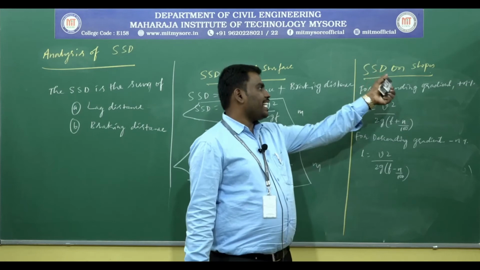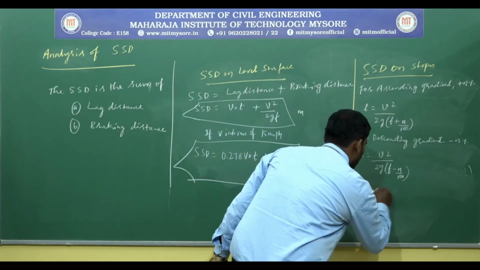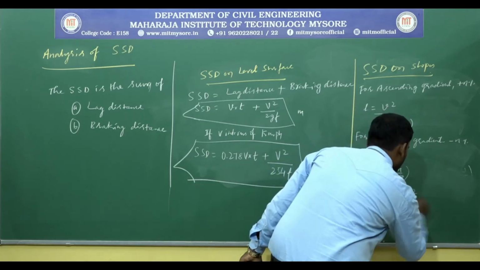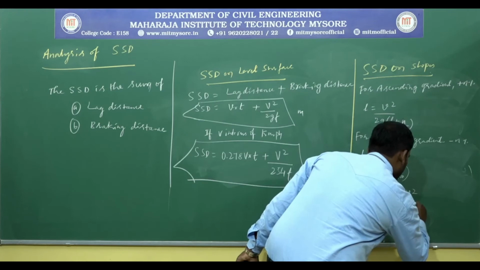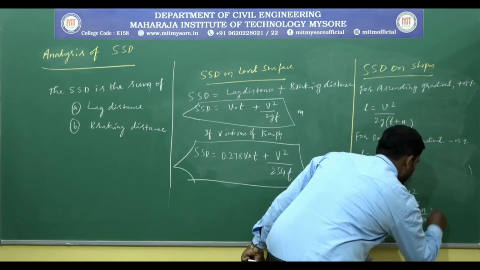Therefore, the stopping sight distance on slope, that is SSD, is equal to Vt plus V square by 2g (f plus or minus n divided by 100).